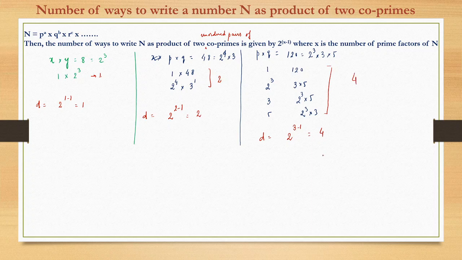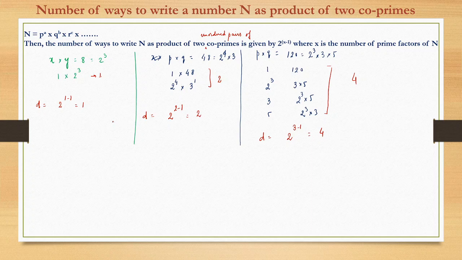So this is very easy. Now had the question been to find the number of ordered pairs, it would have been just double, right? So unordered means at one point x is taking value 1, y is taking value 8. In another instance, x will be taking value 8, y will be taking value 1. Those are two different cases, so ordered pairs should be 2.